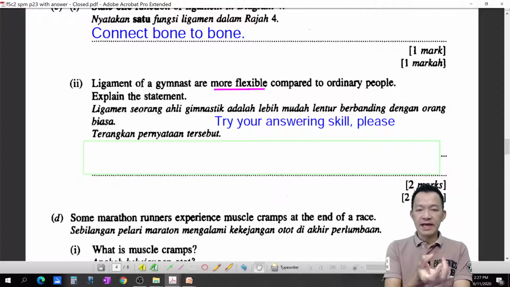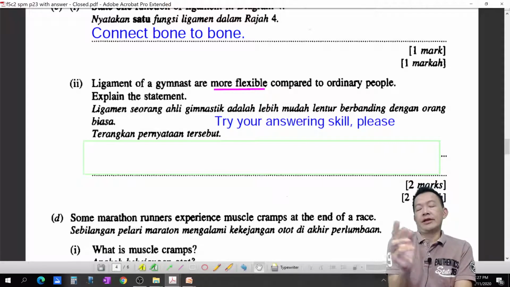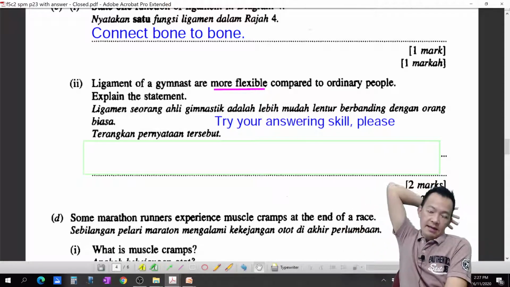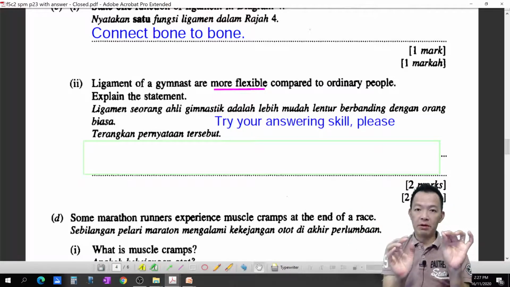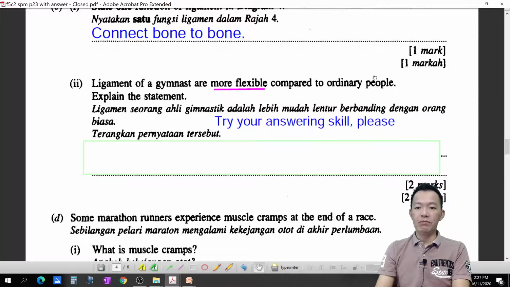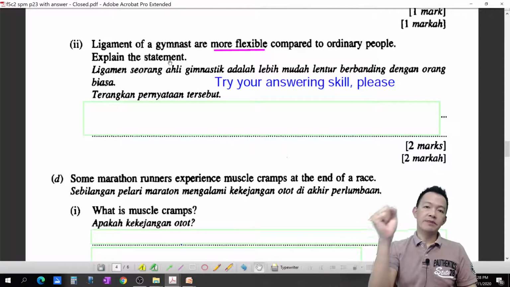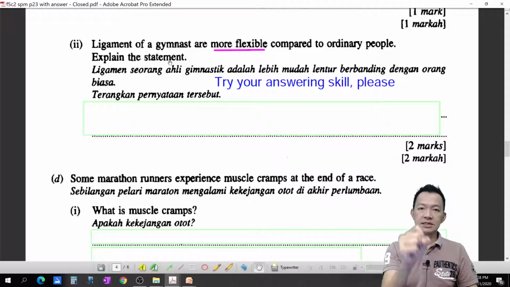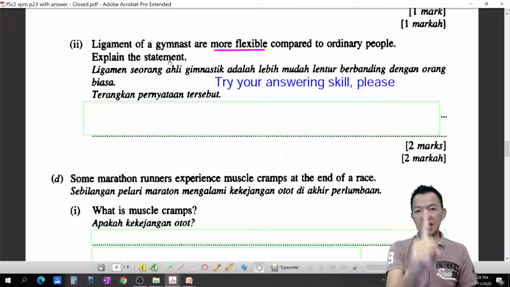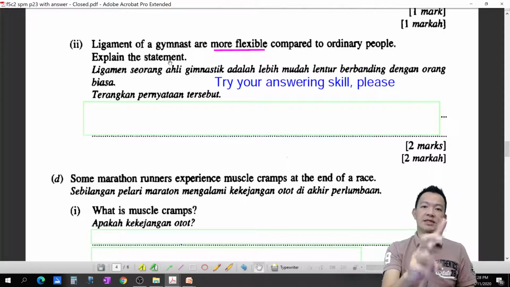So why do gymnasts have more flexible ligaments? They can bend their leg, they can bend their hand, they can bend their body into a ball or whatever. 为什么比我们比较 flexible 呢? Explain the statement, 解释一下. Okay, because of prolonged exercise, 因为常常 exercise or practice, 练习对不对? And the ligament will be more elastic. 它的 ligament 每天被拉, so they become longer.